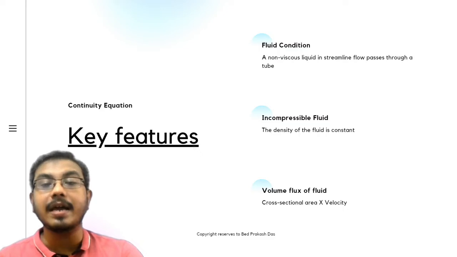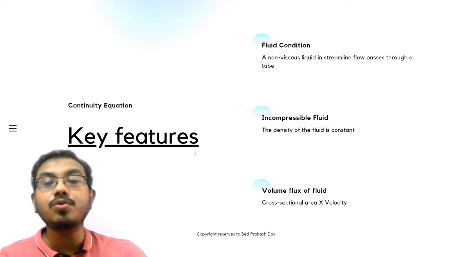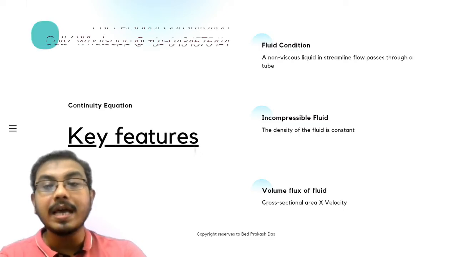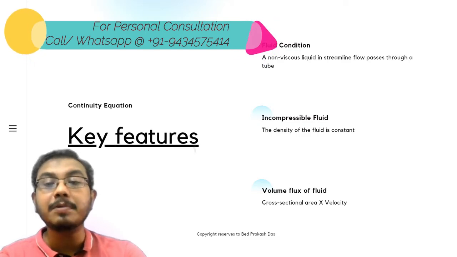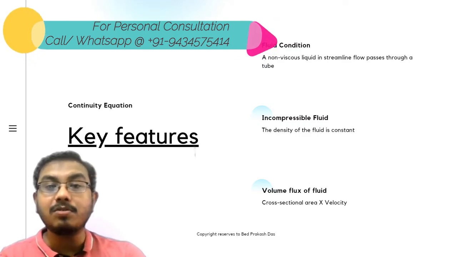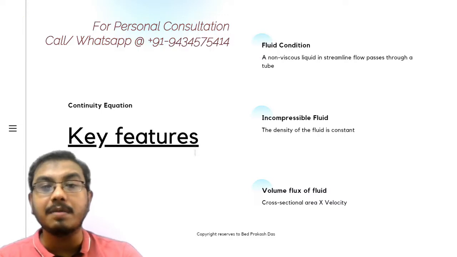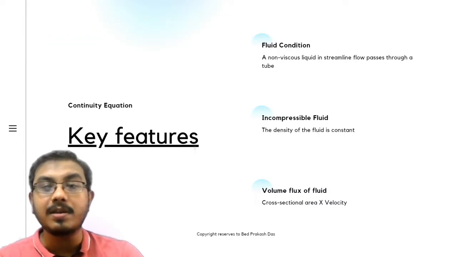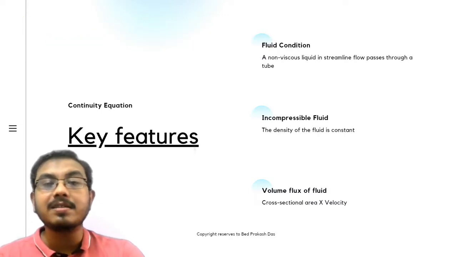Now as you can see, the fluid condition should be non-viscous fluid as well as incompressible in nature. Regarding compressible and incompressible fluid, I will discuss that in another session.